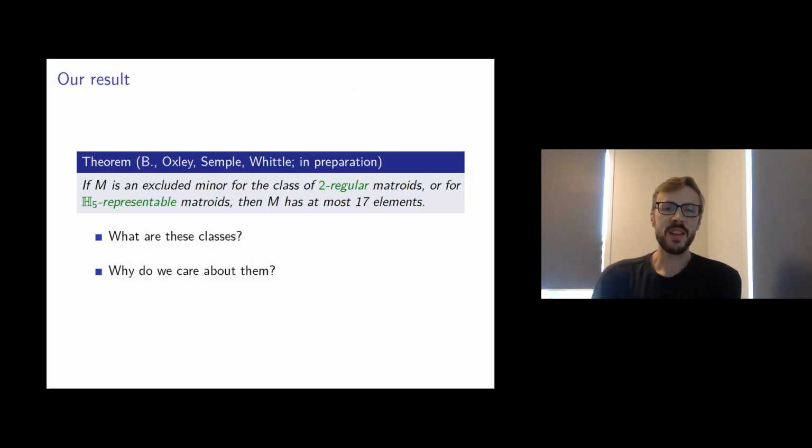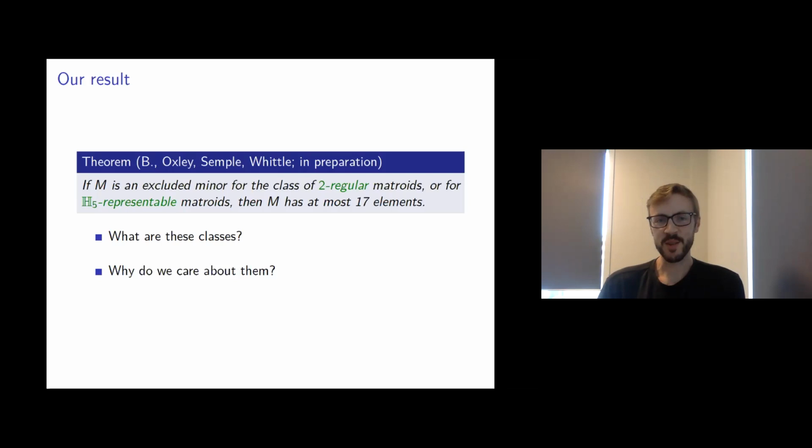We've been able to find, not an excluded-minor characterization necessarily, but we've been able to bound the size of excluded minors when we're looking at the class of 2-regular or hydra-5 representable matroids. I'll say more specifically what these are in just a moment, but a more important, more interesting question is why they're of interest at all.